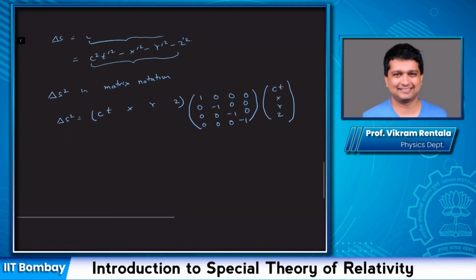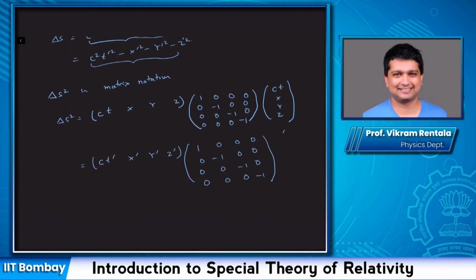Okay. And similarly, we could have written ct prime, x prime, y prime, z prime, with the matrix 1, 0, 0, 0, 0, minus 1, 0, 0, 0, 0, minus 1, 0, 0, 0, 0, minus 1, and then ct prime, x prime, y prime, z prime. Okay.